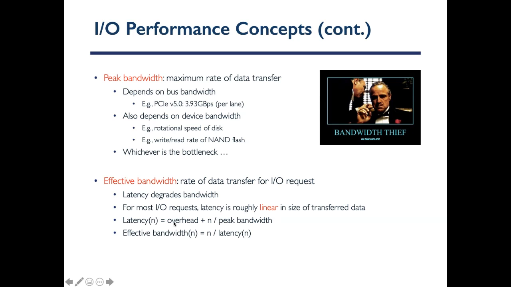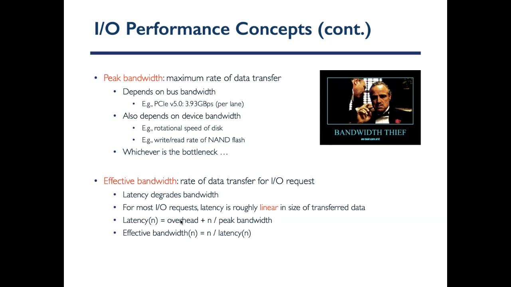So the latency is what degrades bandwidth, and latency is usually linear as a function of the size of the data that wants to be transferred. So if you want to, for instance, transfer n bytes, you have to pay this overhead, which is basically the time you spend in the queue, the time you spend inside the I/O device, the device controller, whatever.